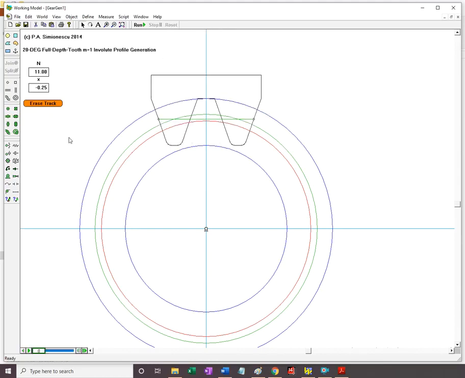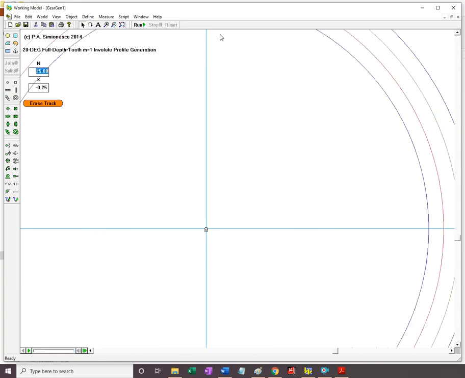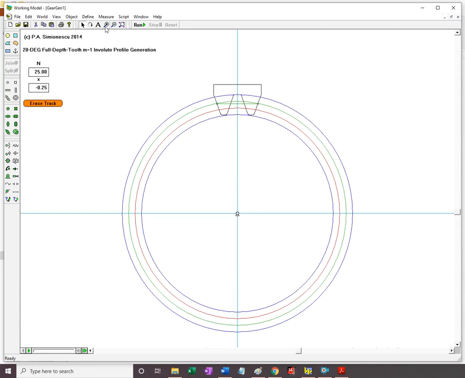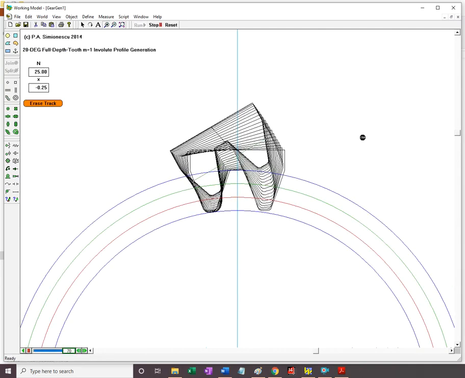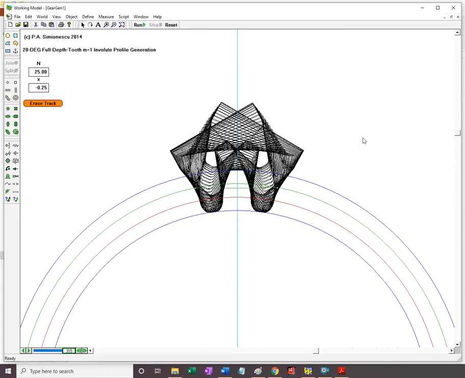If the number of teeth is large, so if I make this say 25 and zoom to fit, and then zoom into the area, then undercut does not happen, and the tooth is not pointed. So for larger than 18 teeth, I could use negative addendum for reasons of, say, accommodating an imposed center distance between the meshing gears.